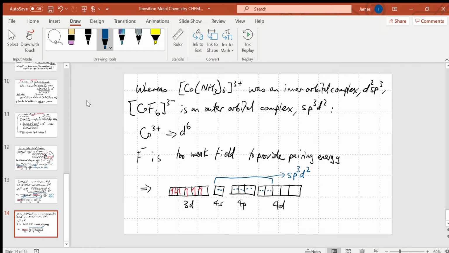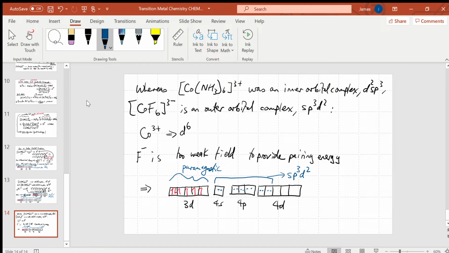And notice I'm left with something that again is paramagnetic. Okay, so I think that's a nice contrast.